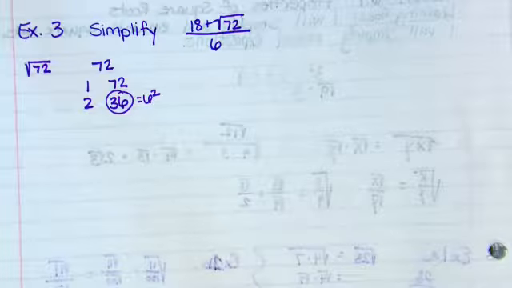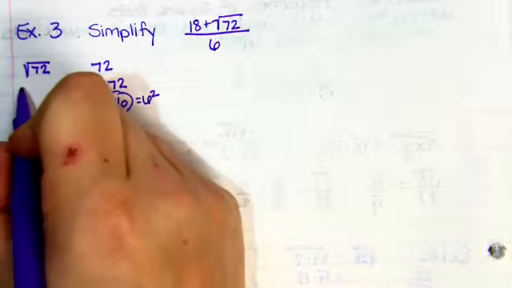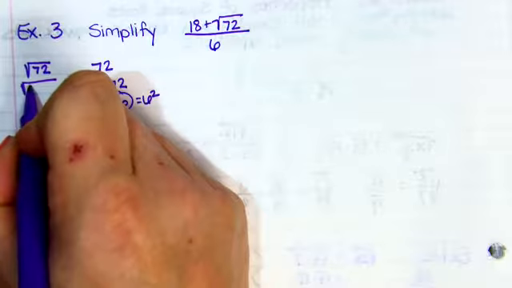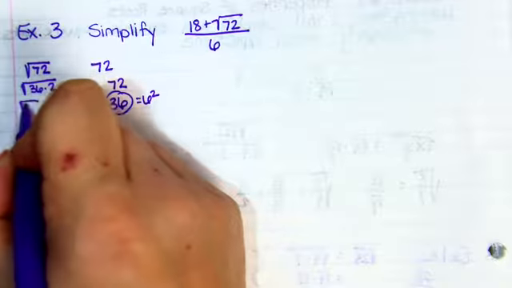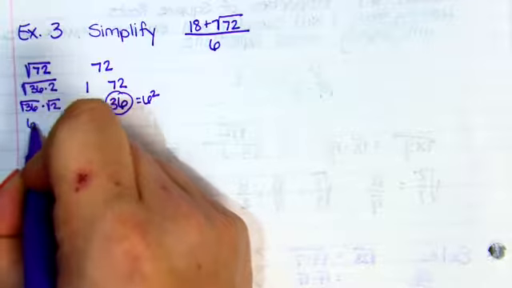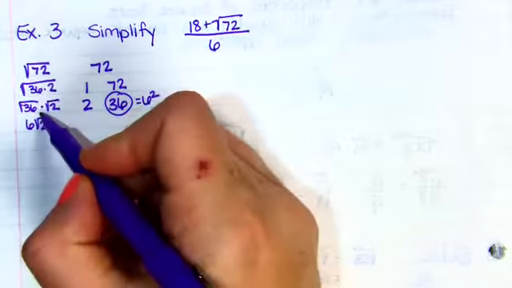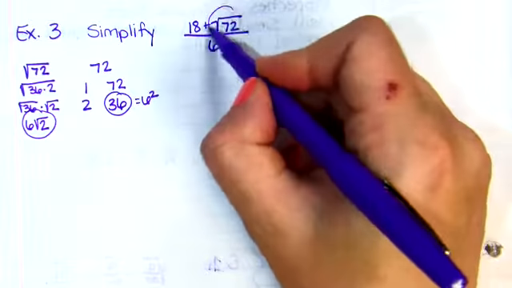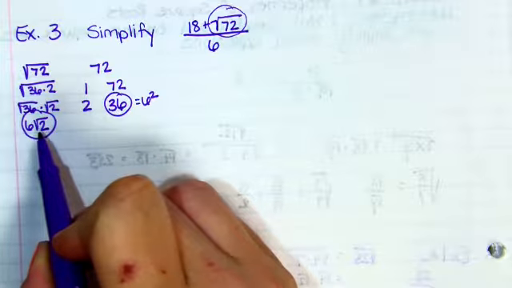36 is 6 squared. So instead of writing this as a square root of 72, I want to think of it as the square root of 36 times 2, which is the square root of 36 times the square root of 2, or 6 root 2. So what I'm going to do is replace the square root of 72 with 6 times the square root of 2.